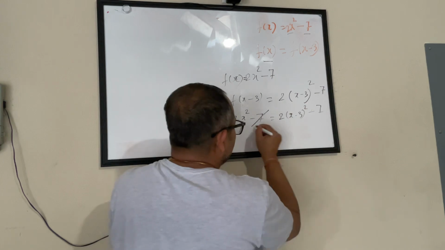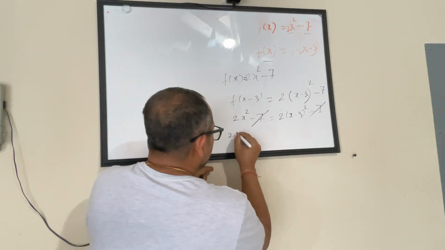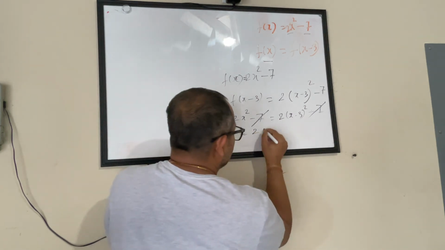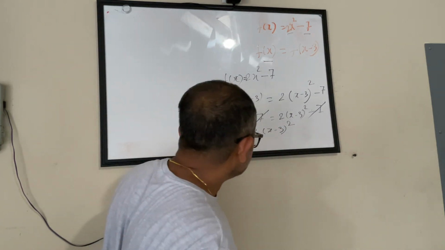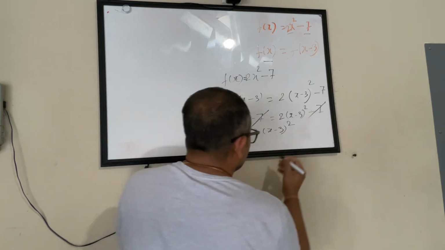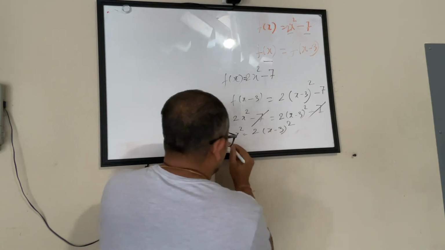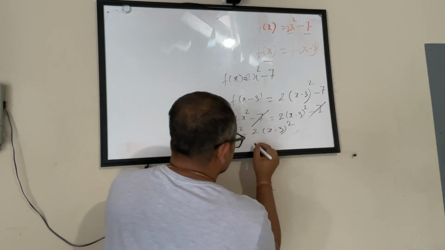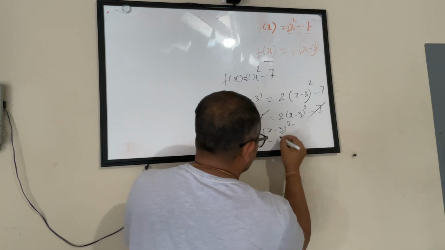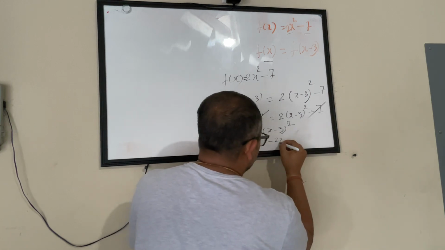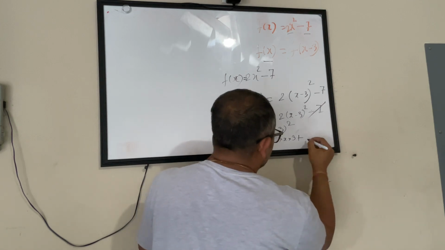Okay, so this one and this one we can knock off. Now we have 2x squared equals 2 into (x minus 3) whole square. So let's break it down. (x minus 3) whole square will be x squared minus 2ab, 2 into a into b, plus b squared.